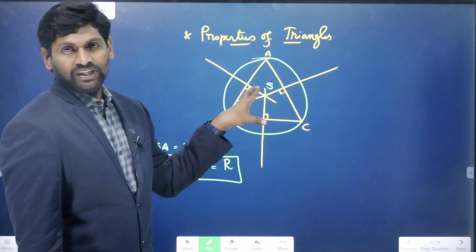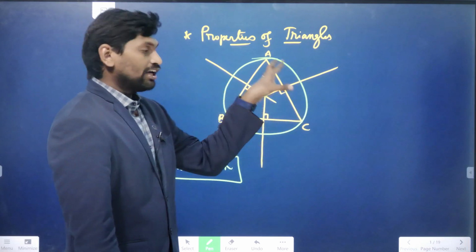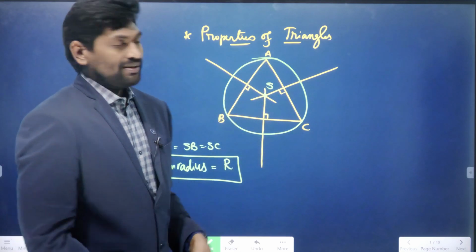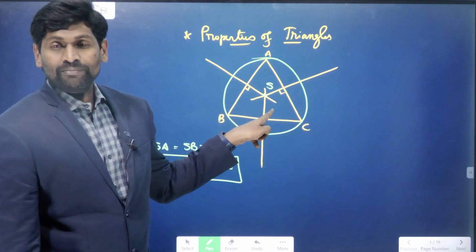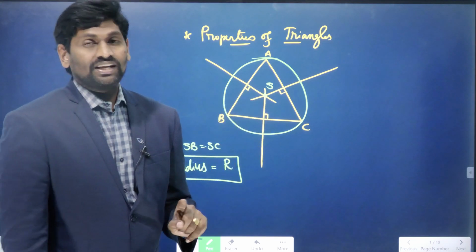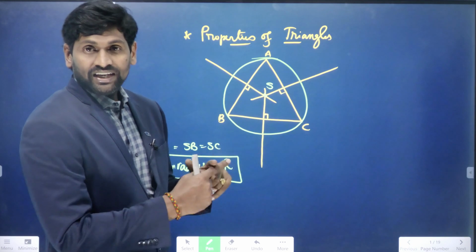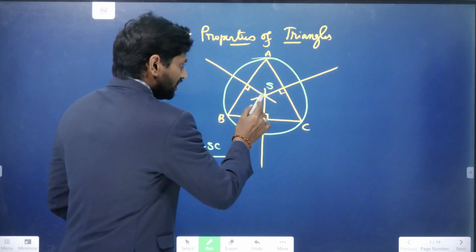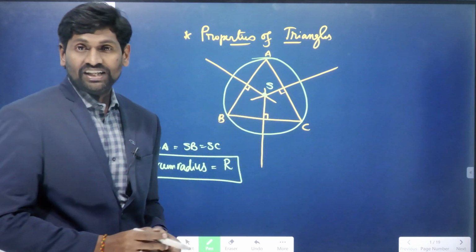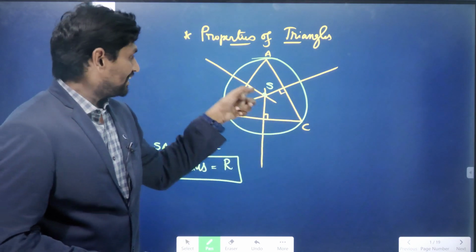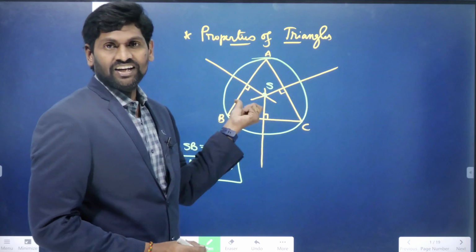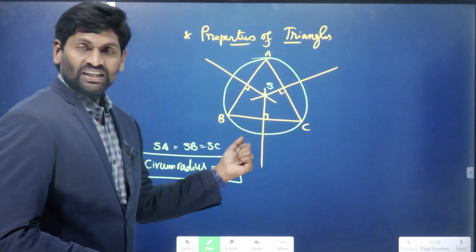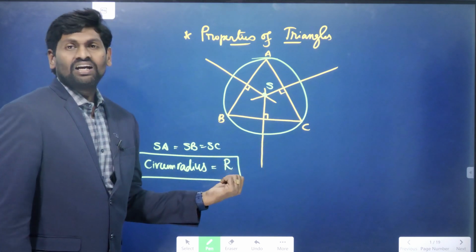We take the perpendicular bisectors to each side, and the perpendicular bisectors make a concurrent point. Concurrent point means more than two lines intersect or meet at a point. So this is called the circumcenter. The circumcenter is represented with the letter S, and the distance from the center to any corner is the circumradius, represented with the letter R.